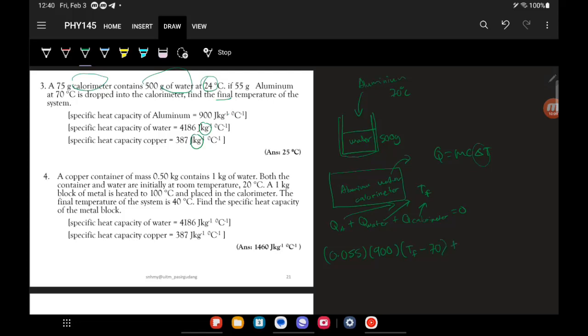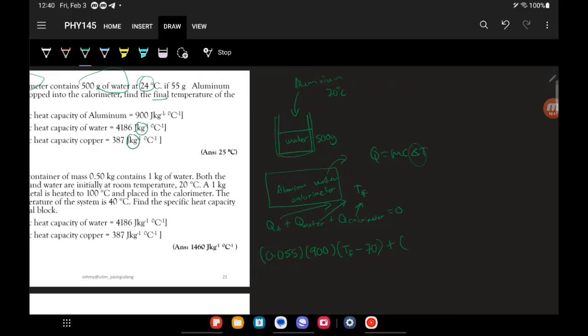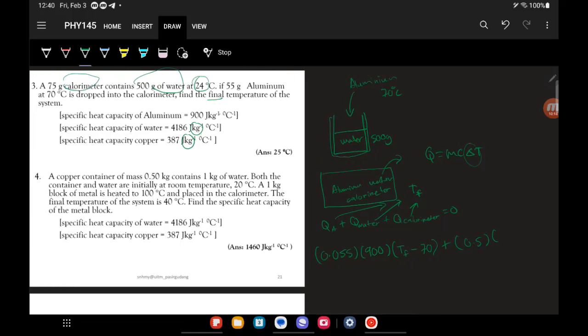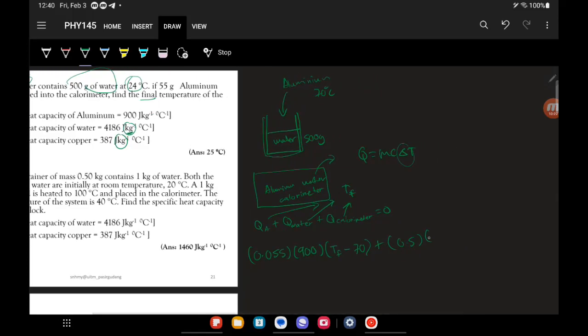Okay, so the next one, do the same thing. For water, we have 0.5 kilogram. The specific heat capacity for water, in kilogram, is 4186.